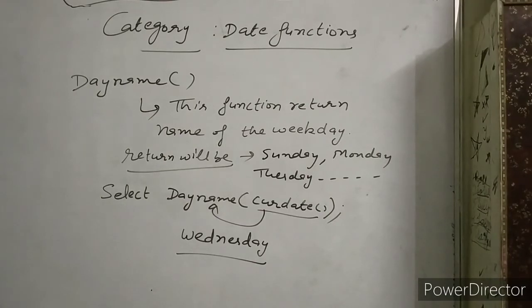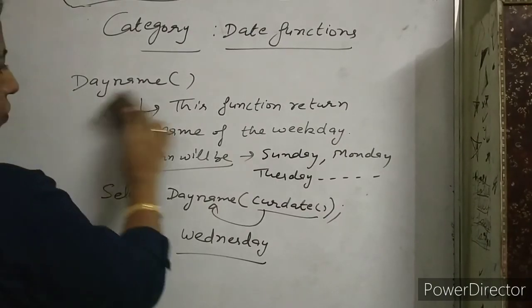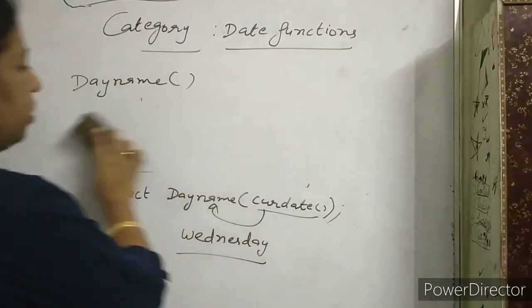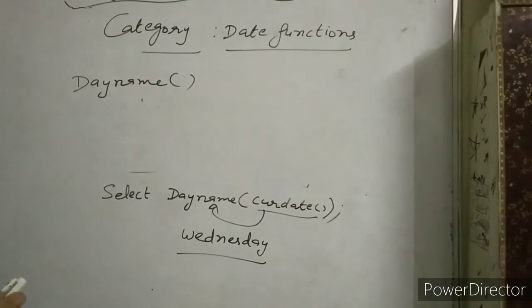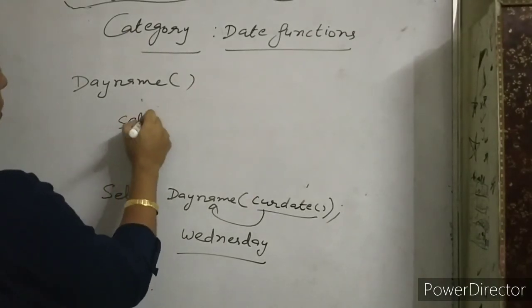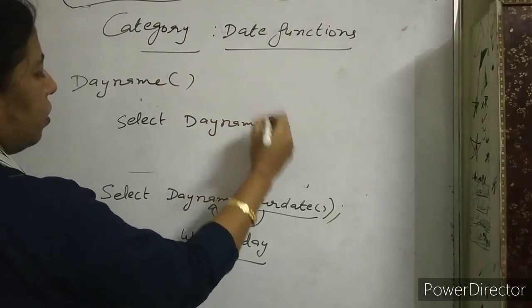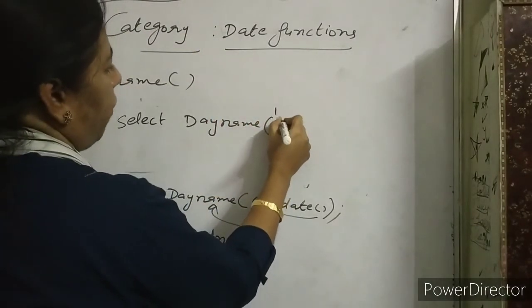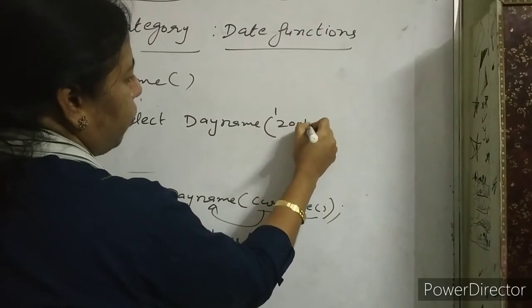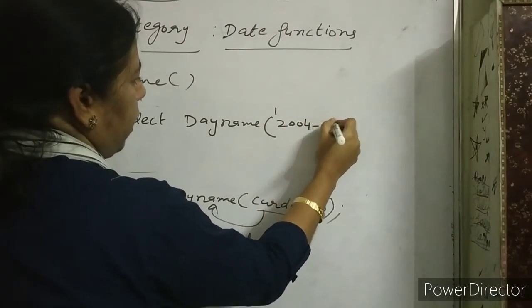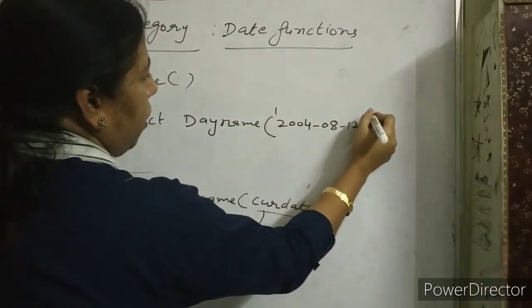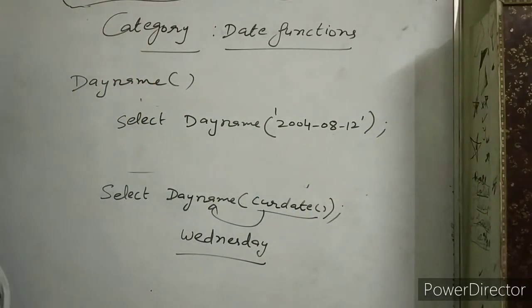Then how will you? Select day name, suppose your date of birth is 2004-08-12, semicolon.